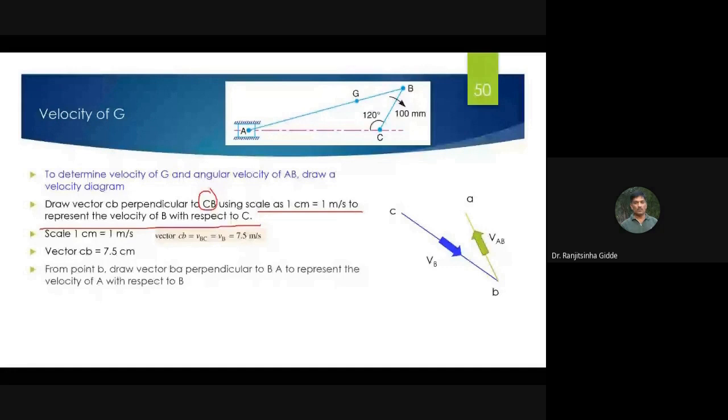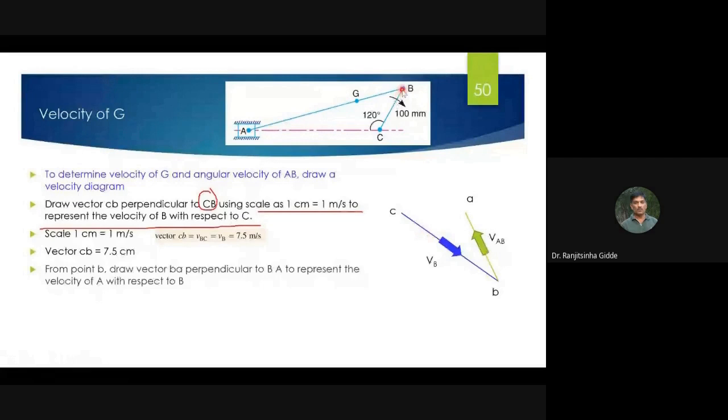Then draw second vector. I have made this vector diagram with the help of the facilities available in the PPT. This one is perpendicular to this link.